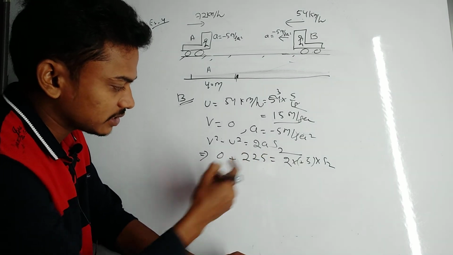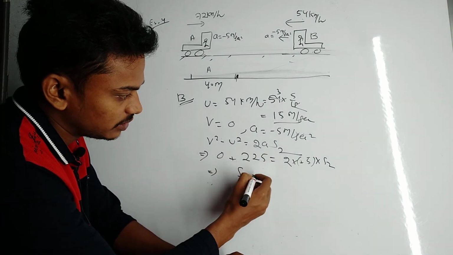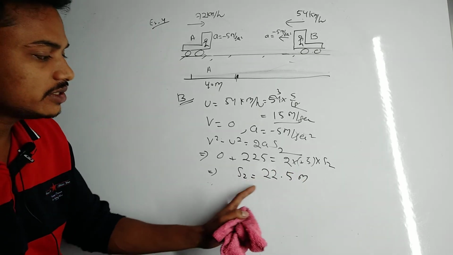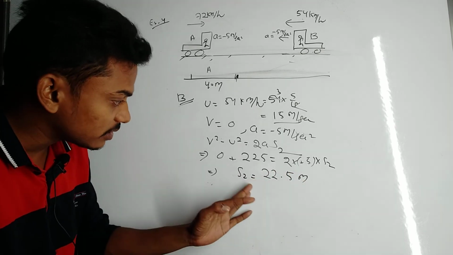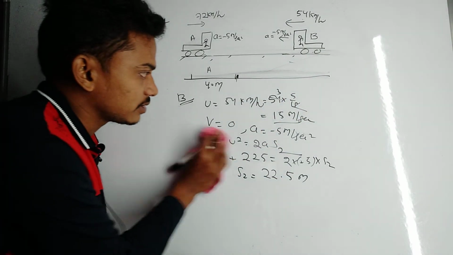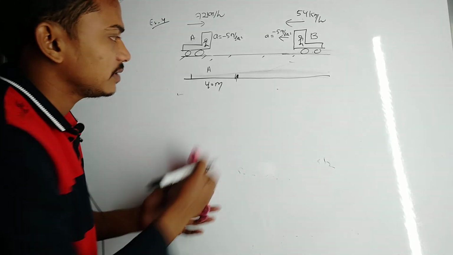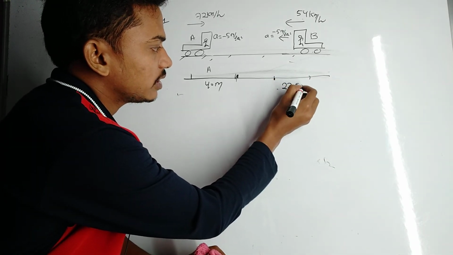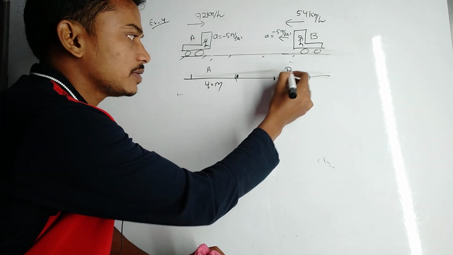The minus signs cancel out, so s2 will be 225 by 10, 22.5 meter. Means after traveling 22.5 meter the truck B will stop here.